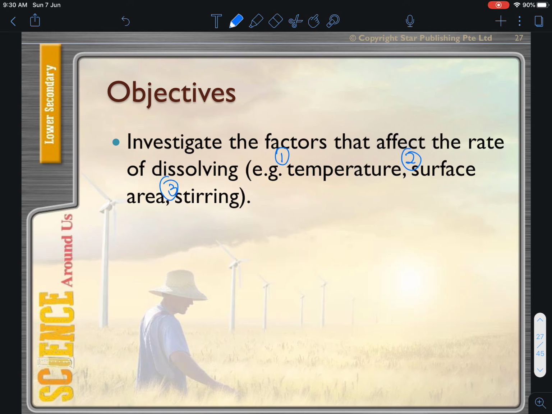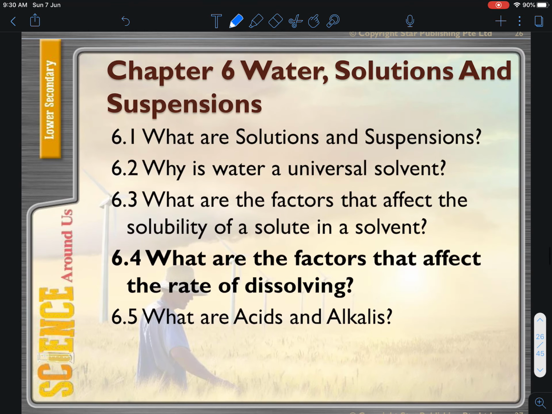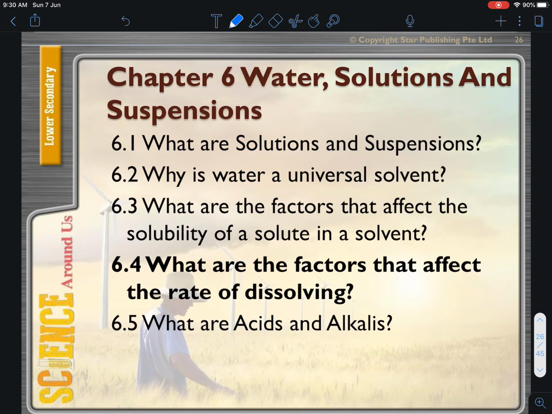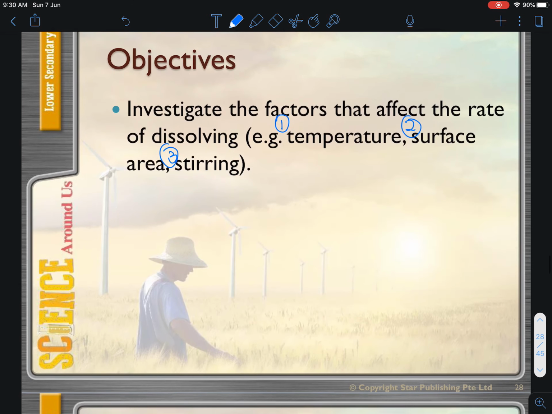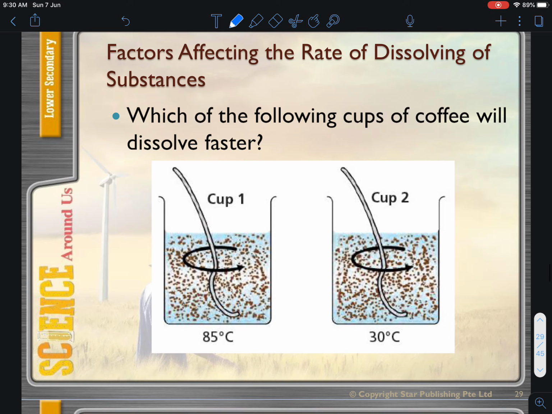Now this is very different from the previous factors that could affect solubility of a solute in a solvent. That would really depend on the nature of the solute and also the nature of the solvent. So let's begin.